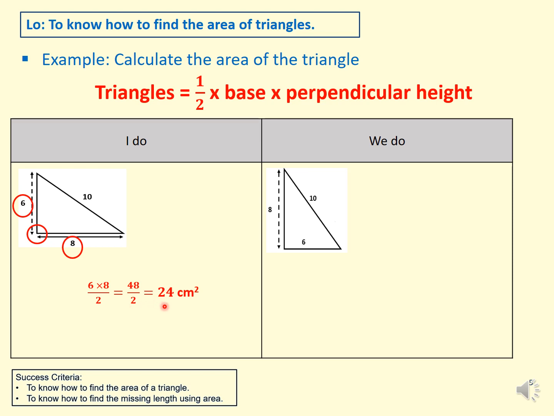So I get 24 centimeter squared. The unit for area is always unit squared. So again, times base by perpendicular height, whatever is your answer, divide it by 2. Half it, divided by 2 to find your area of triangle. Pause the video, have a go with the video question.